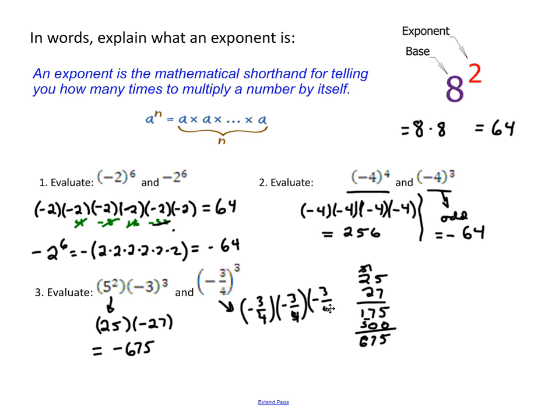But when we handle the multiplication, we can really just treat this as the negative because it's a negative number raised to an odd power. 3 times 3 times 3, that's 3 to the third, divided by 4 times 4 times 4, that's 4 to the third. And as we've seen, 3 to the third is 27. 4 to the third is 64. And this is our solution.